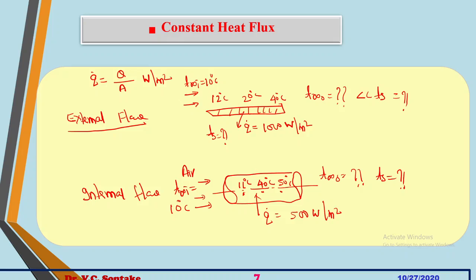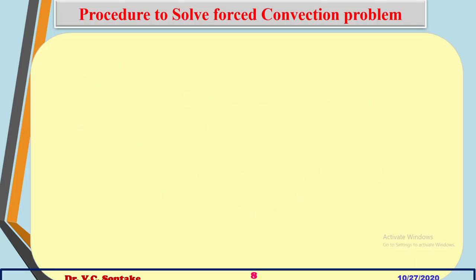And using some expressions later on, I can calculate Ts and T infinity O or T infinity I. So these are some of the basic things you are supposed to keep in mind before solving the numericals.